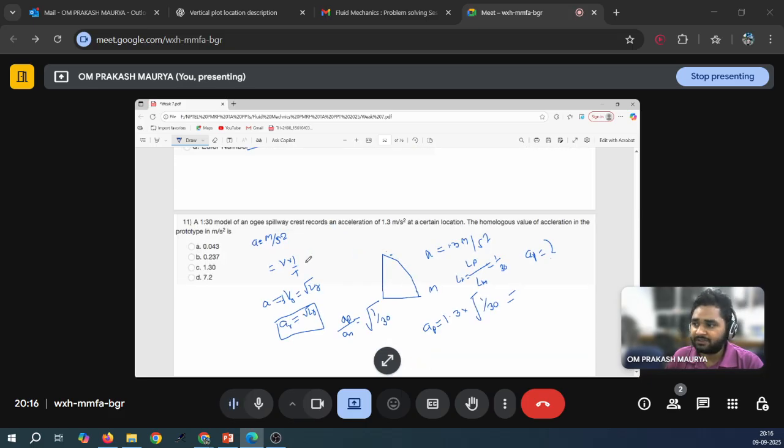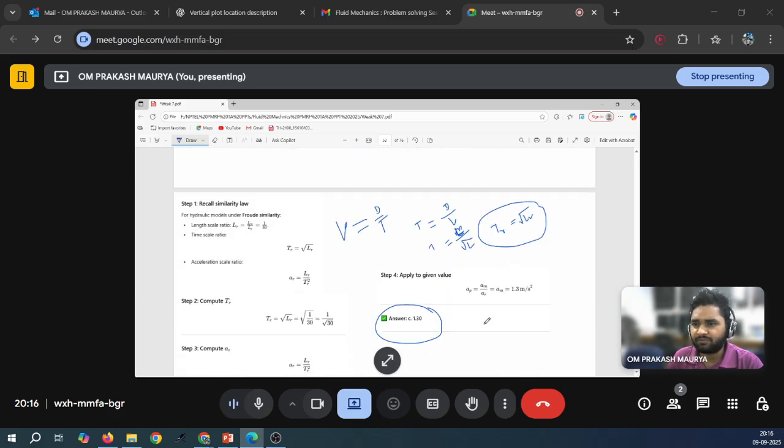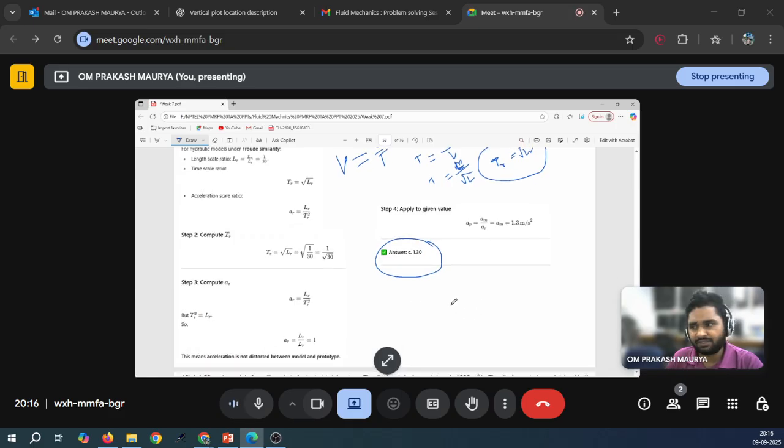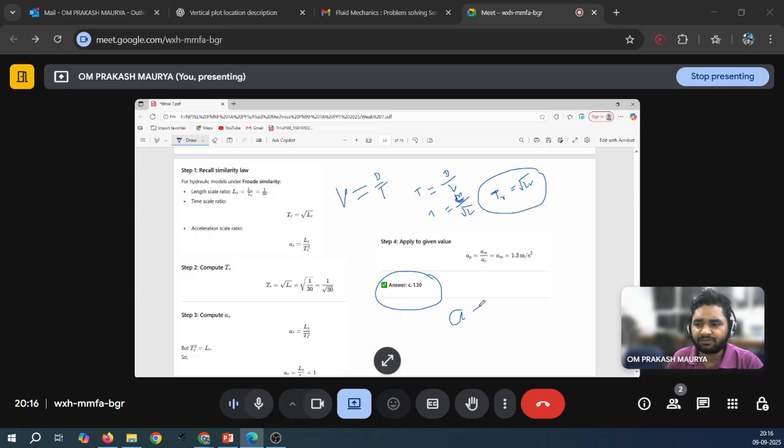So remember please, such type of mistake you should never make. Sometimes you can make such a mistake, but remember how you will convert your time into the time scale ratio TR, because your acceleration is a function of two things: one is meter, another is time square. Meter you can directly write in length because you have data in the length scale, but you need to convert this time ratio into your length scale.